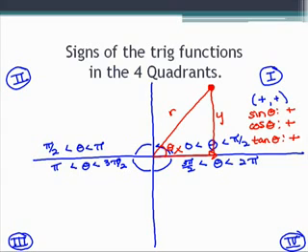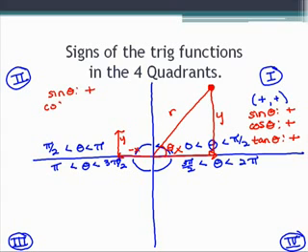So in the second quadrant, my x is negative and my y is positive. So I'm going a negative x and a positive y. Okay, so the sine is going to be, the opposite is going to have the y, so it's positive. So the sine of any angle whose terminal side ends up in the second quadrant is going to also be positive.